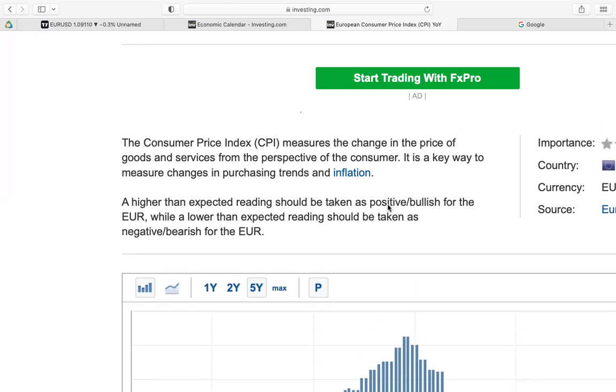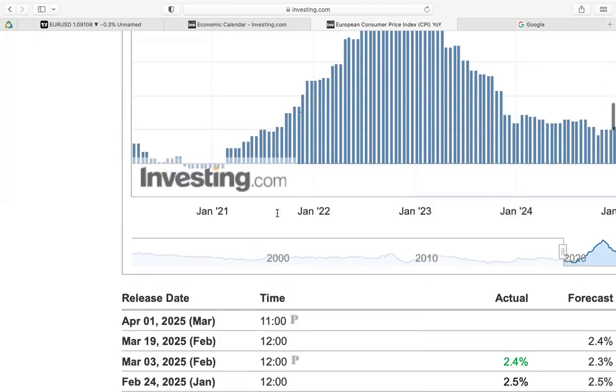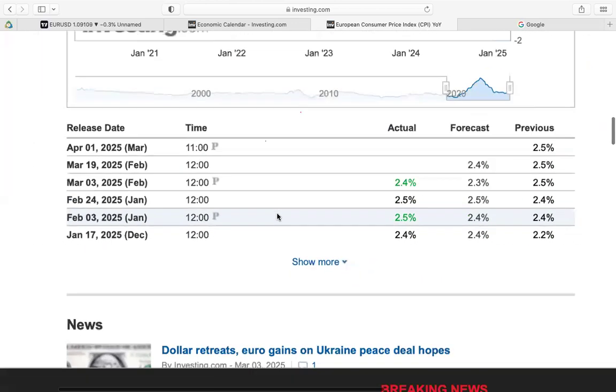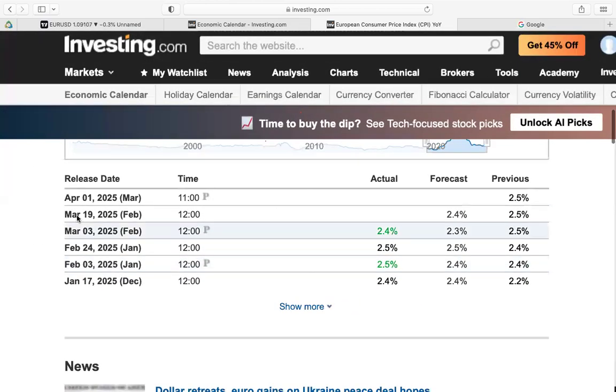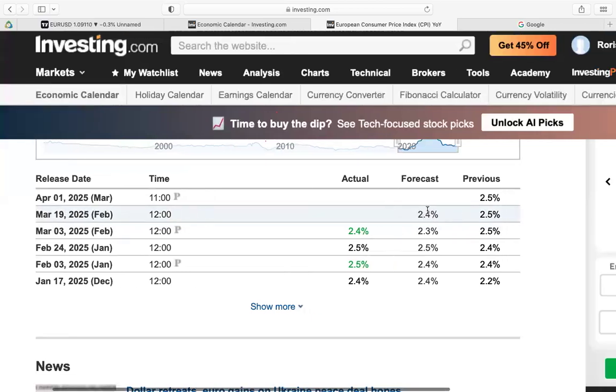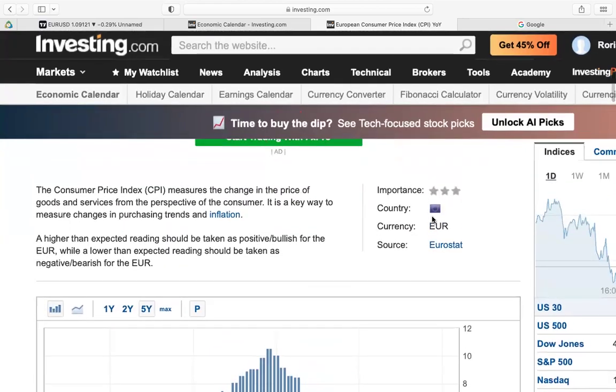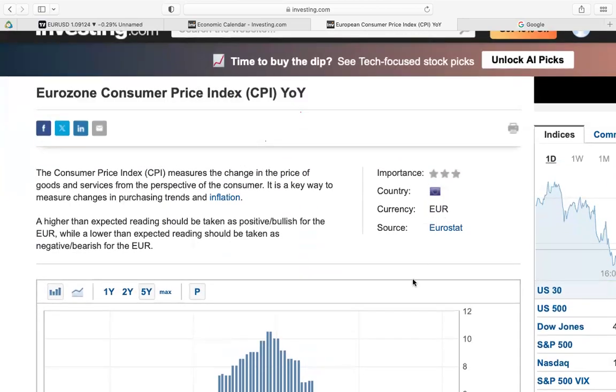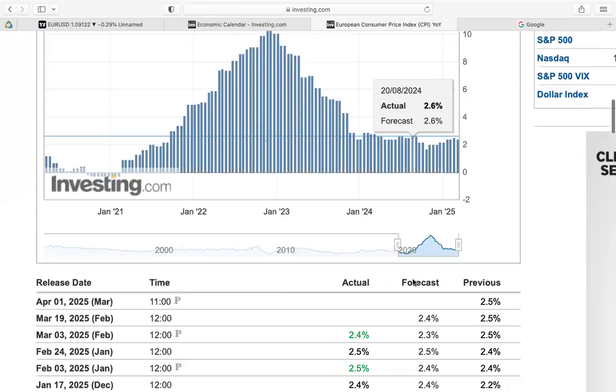Do you guys understand this statement? Yes. Nice. So this statement says we're here on 19 March 2025, right? So a higher than expected should be taken as what? As bullish, right? A higher than expected reading should be taken as bullish for the euro.